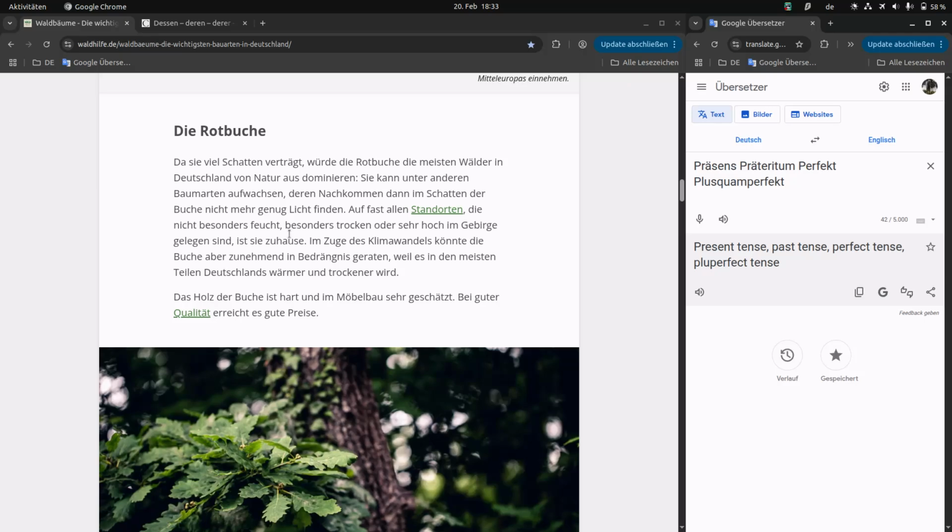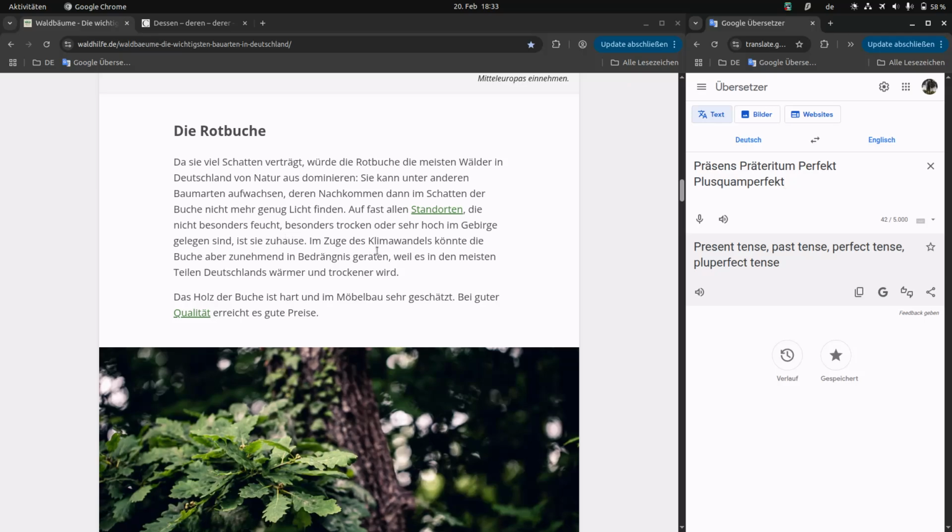So in almost all locations that are not necessarily too wet or too dry or too high in the mountains, like not being located, it is home basically, so it is able to grow there.